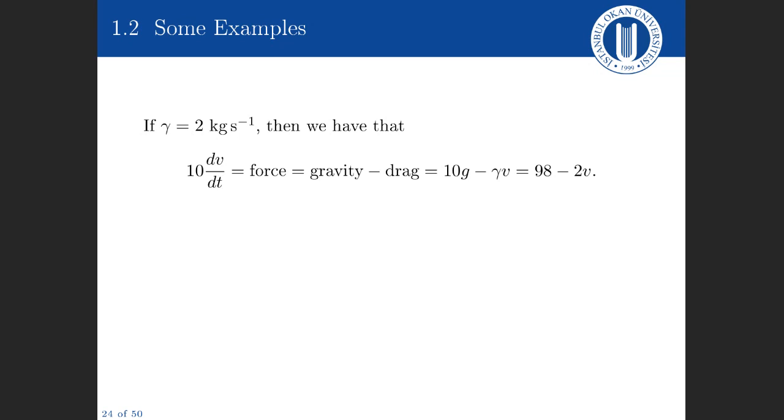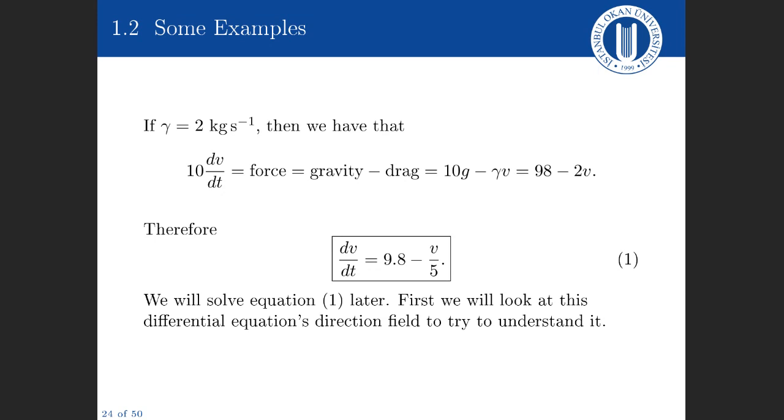So we have minus 2v. Divide both sides by 10, and we get the differential equation dv/dt is 9.8 minus v over 5. This is our differential equation for the falling object.